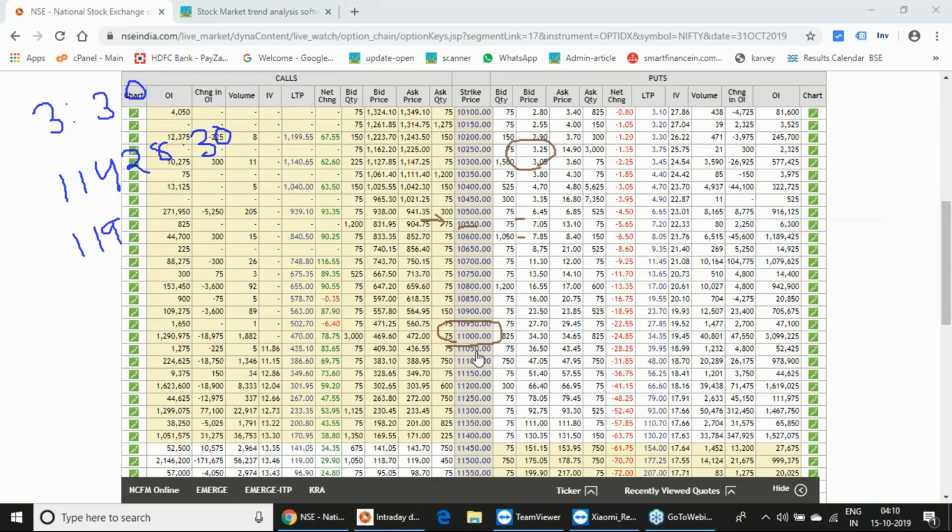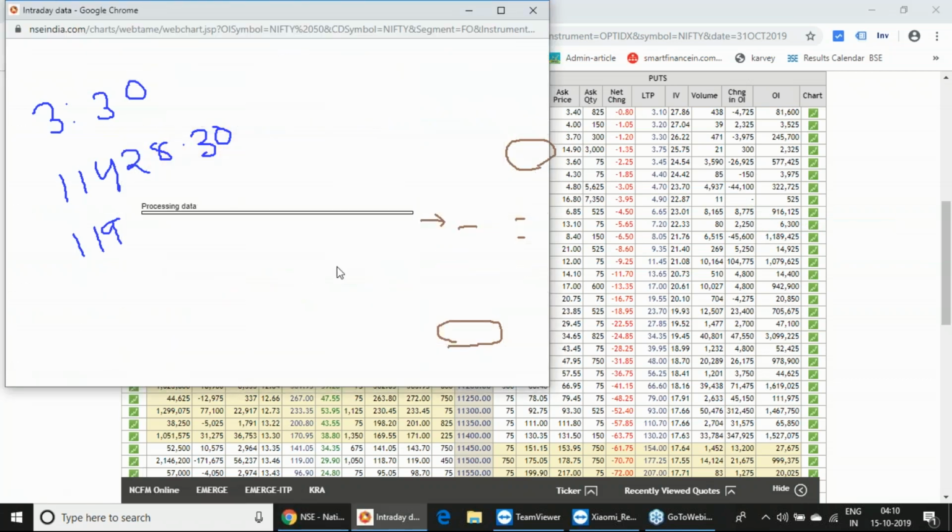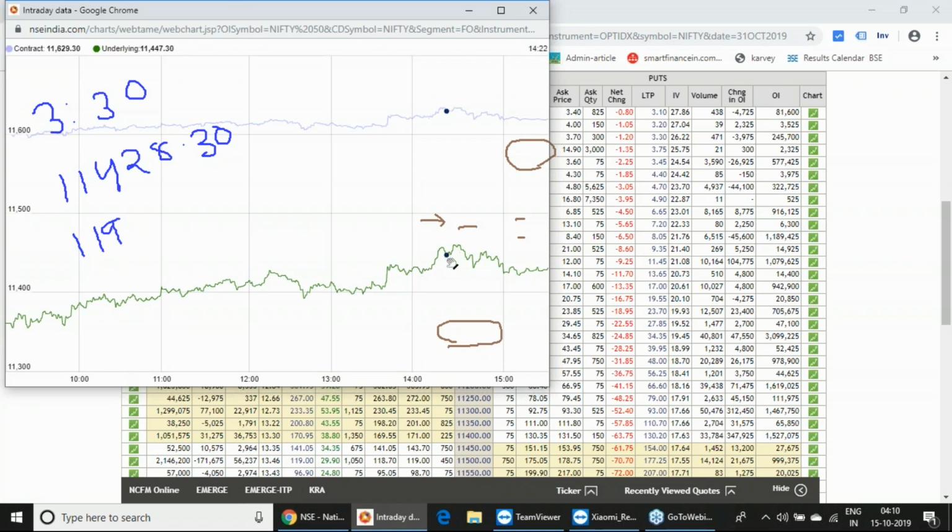And if I again revisit this particular chart, I can see how much it reached at the day's high also. I can find out that 457 spot, 460 spot has also come.